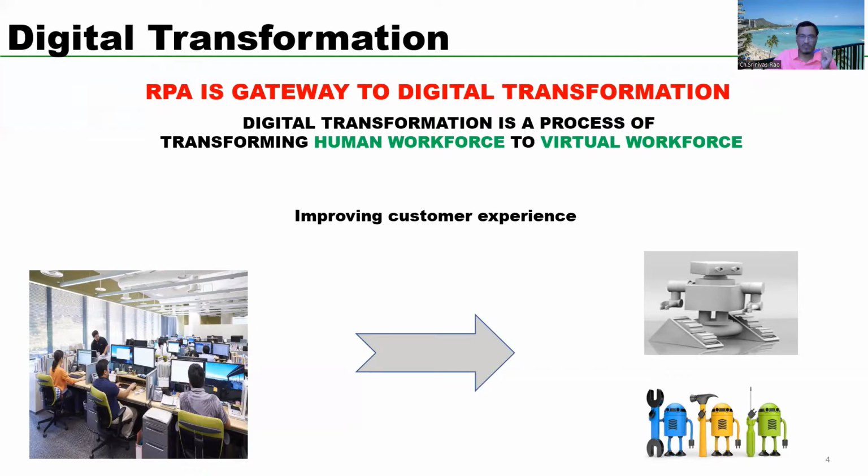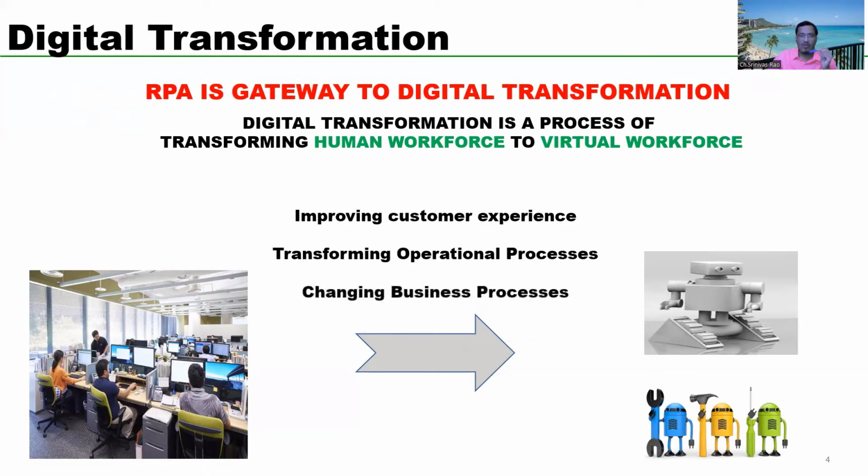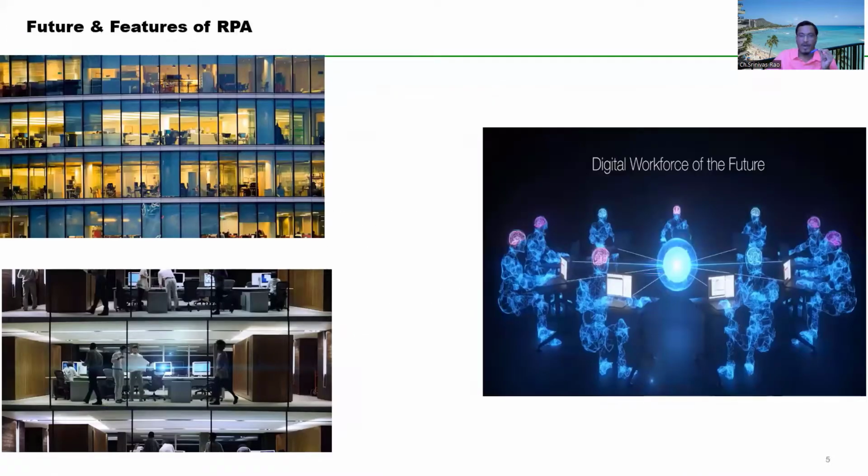How does this digital transformation improve customer experience, how does it transform operational processes efficiently, and how does it change business processes? You are going to understand everything after completion of this demo.